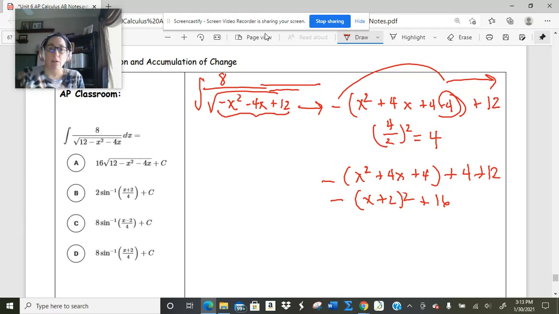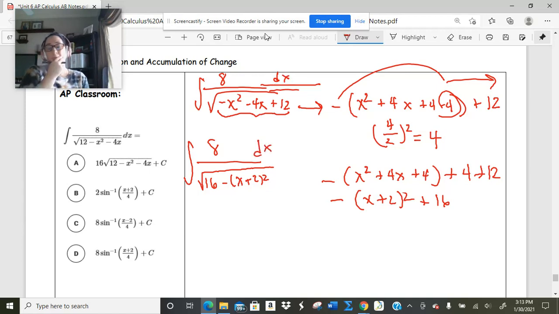Okay, I did that. So now when I come over here, I'm going to just flip-flop the order inside my radical. That is a 16 minus the quantity x plus 2 squared, and I left off my dx. Why did we do that? Well, now I can see that this is an arcsine. This is my u. My du is just 1 dx.